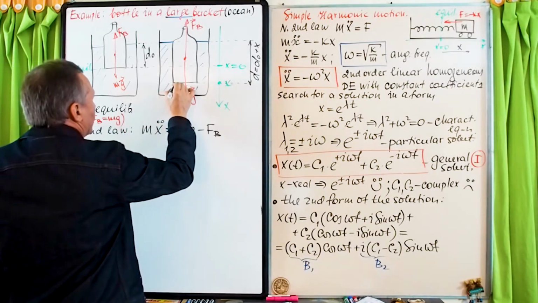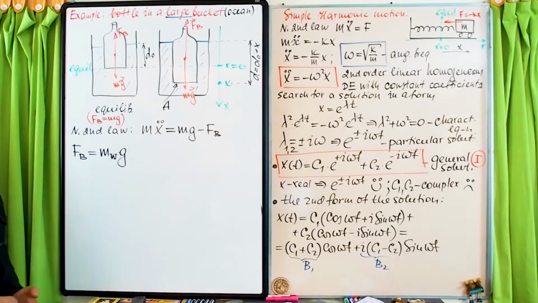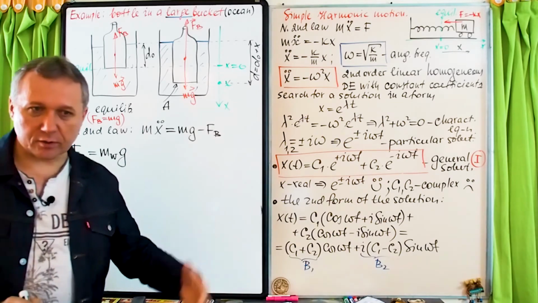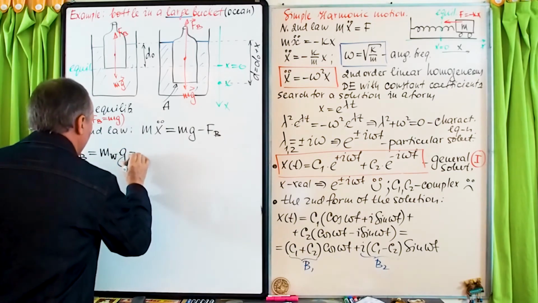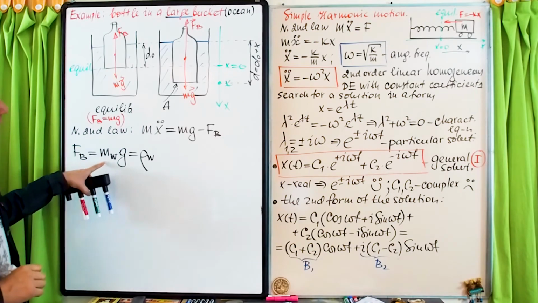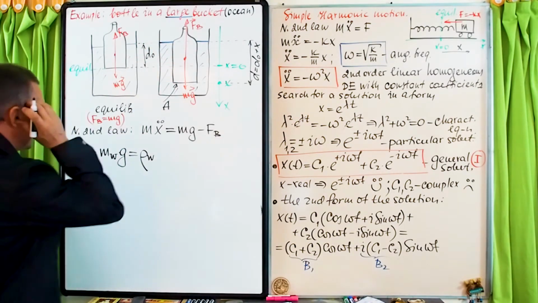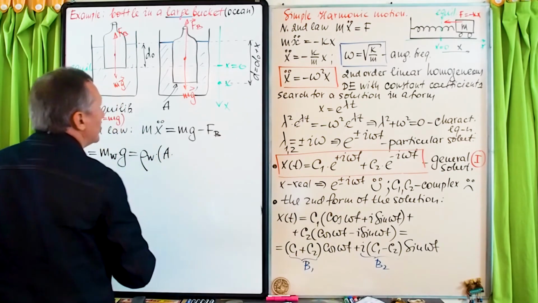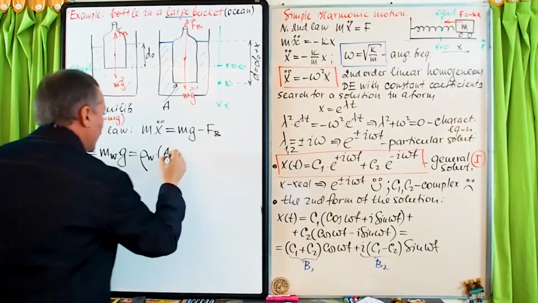It's not given, but let's assume that the cross-sectional area of the bottle is A, in order to make a smooth transition through the solution. We need to introduce that constant, which will, of course, naturally disappear at the end. So the mass of the water is the density of water times the volume of the bottle which is submerged. That volume is cross-sectional area times height, and the height is d, which is d naught plus x. Right.